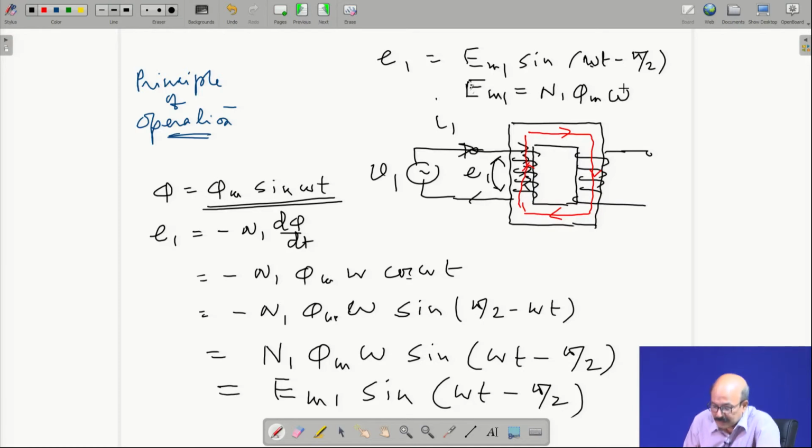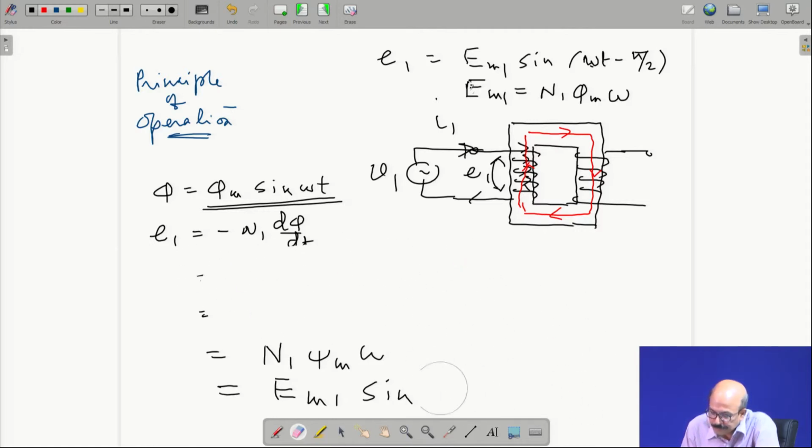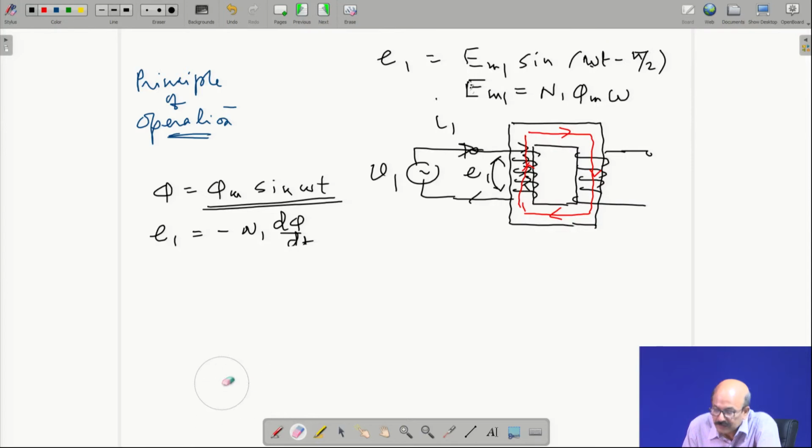If it is that, then clearly we can write E2, the voltage that can be induced on the other side. Why will a voltage be induced this side?